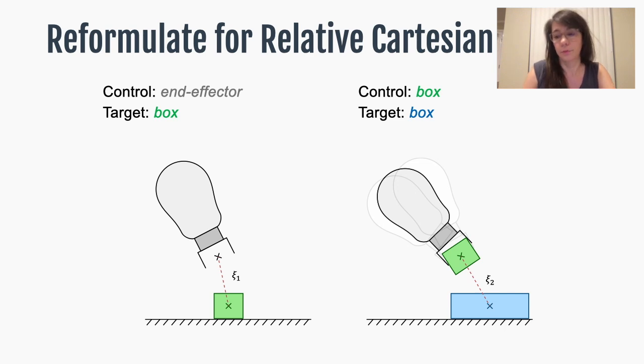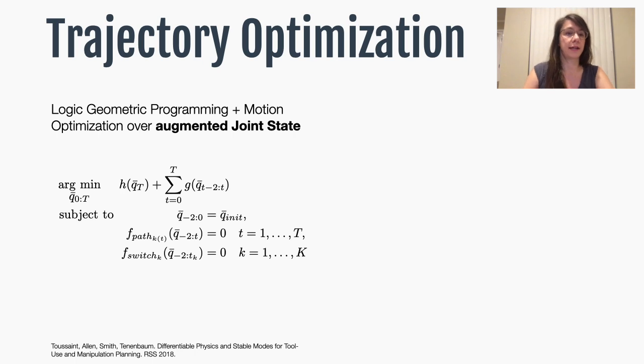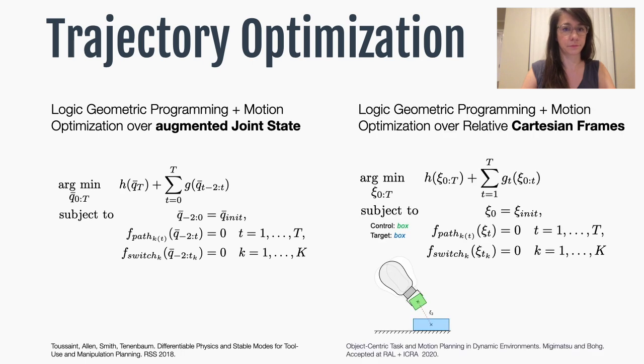Okay, so essentially we take this overall idea of combining a symbolic solver with a trajectory optimizer and move it from optimizing over an augmented joint state to an optimization over relative Cartesian frames. So now you see, if you compare these two solutions, that we are optimizing not over joint angles anymore, but over relative Cartesian poses.